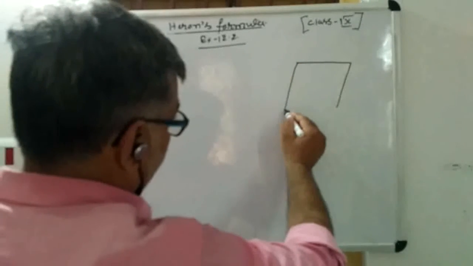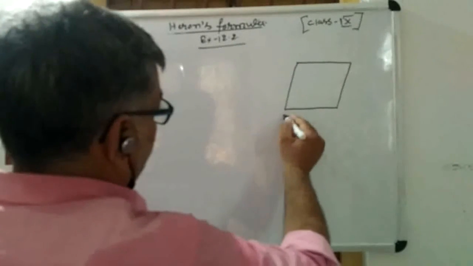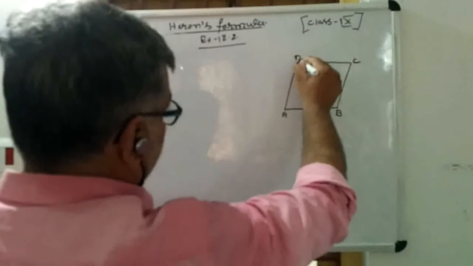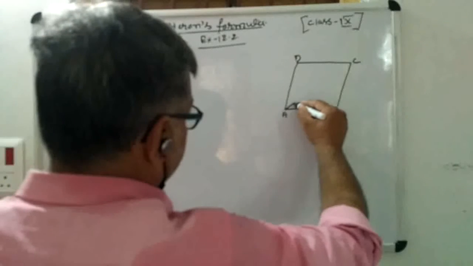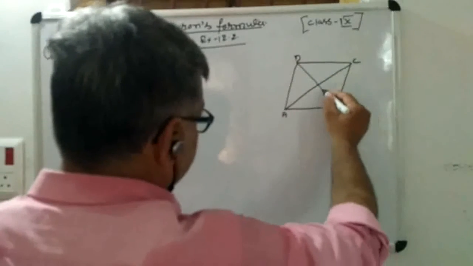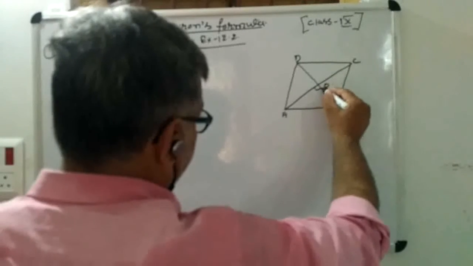A rhombus is that thing whose all sides are equal and opposite sides are parallel. Suppose this is the rhombus shaped field whose diagonals intersect each other perpendicularly.